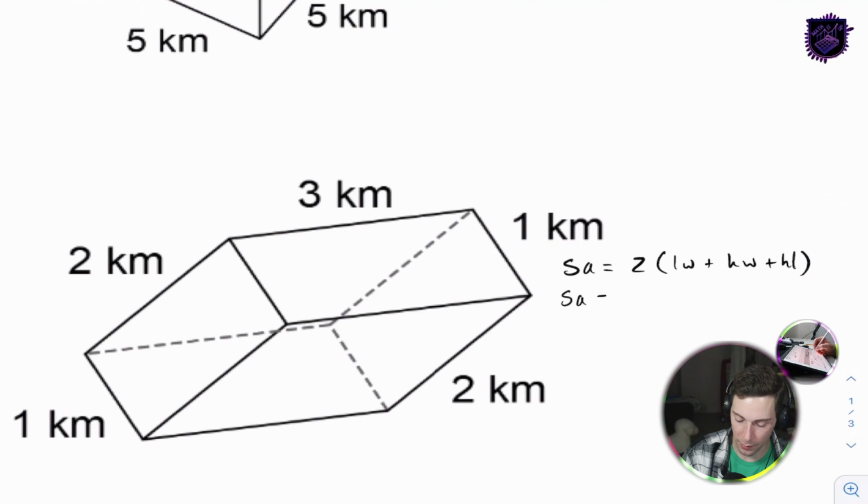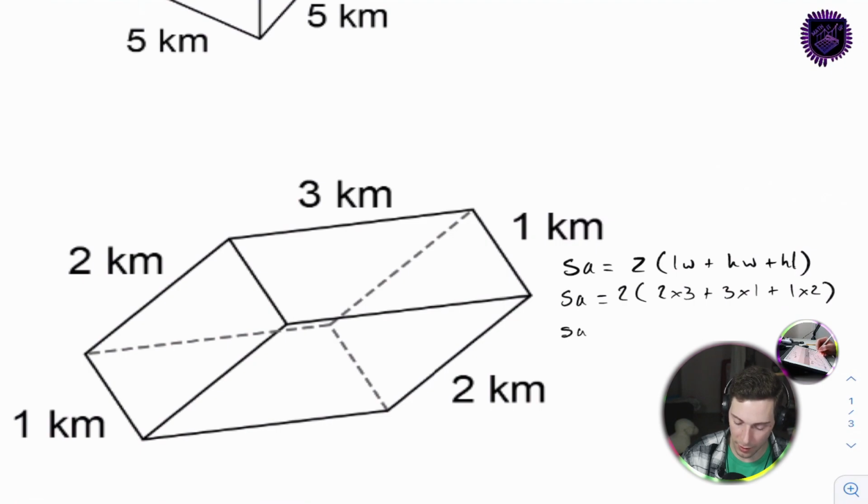Surface area will be equal to 2 times length times width. Let's say 3 times 2, plus 3 times 1, plus 1 times 2.